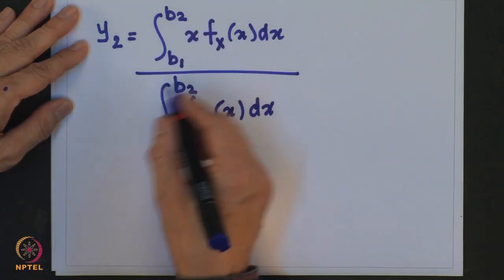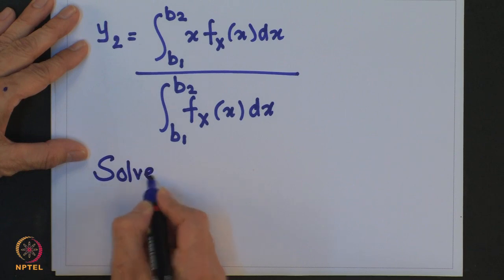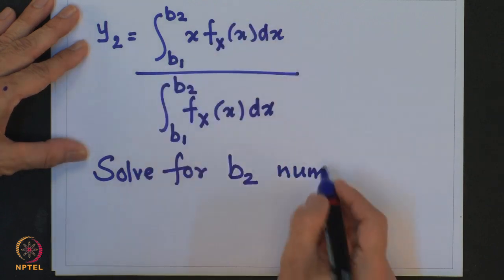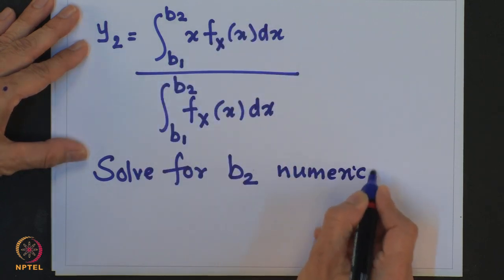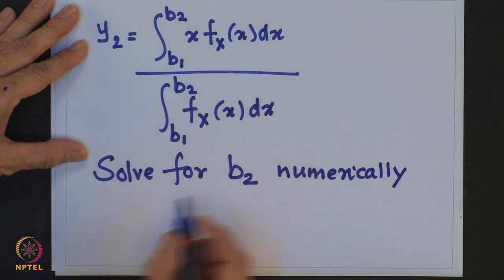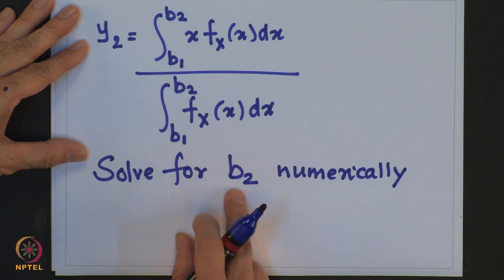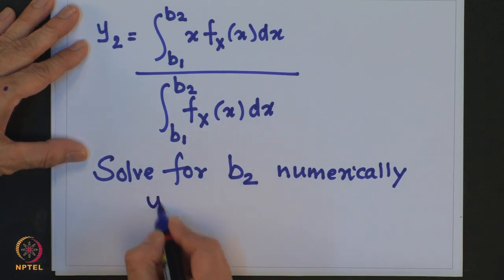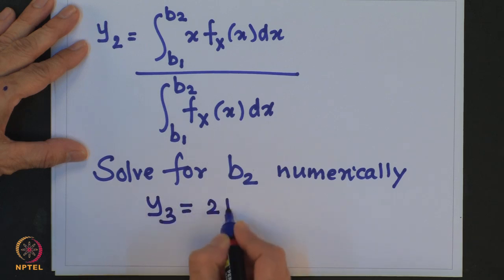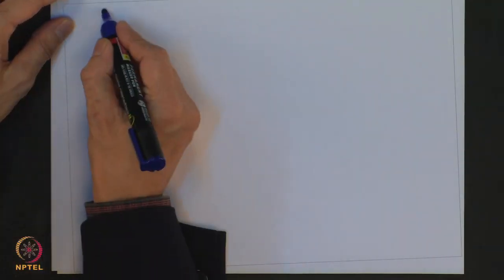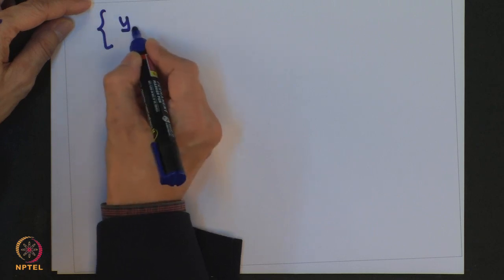So, what I do is now solve for B2 numerically using this equation. And we know that B2 is basically the midpoint of Y3 and Y2. So, I will get my y3 from here to be equal to 2b2 minus y2. So, I continue like this process until we obtain a value for the following reconstruction levels and the decision boundaries.